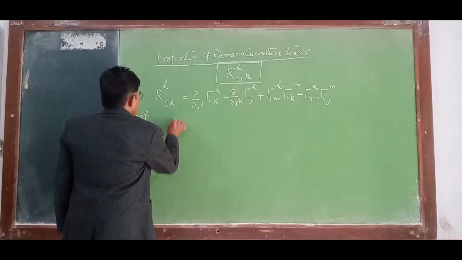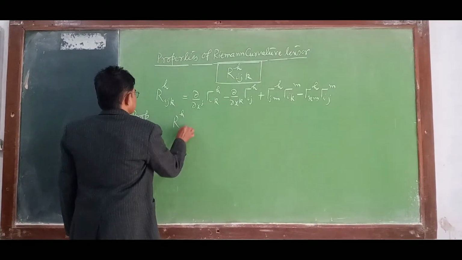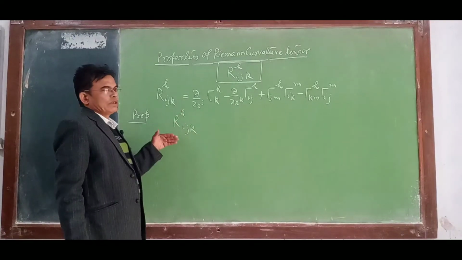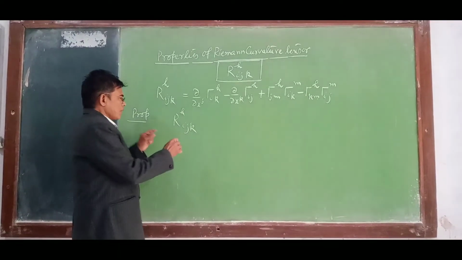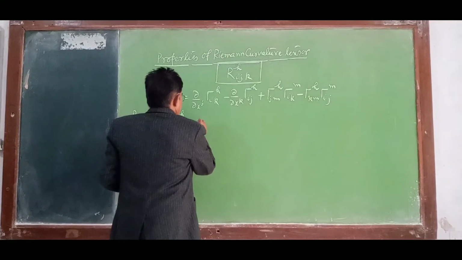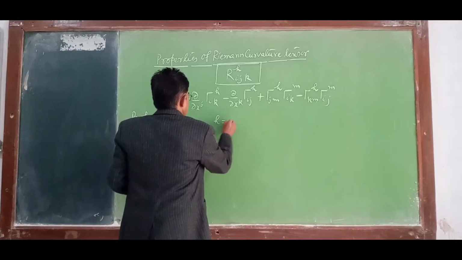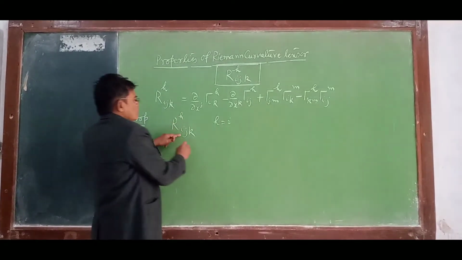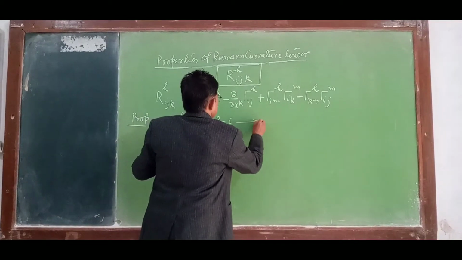R^h_{ijk} gives two values. After contraction with h equal to i, one upper index and this lower index, we get the zero tensor.